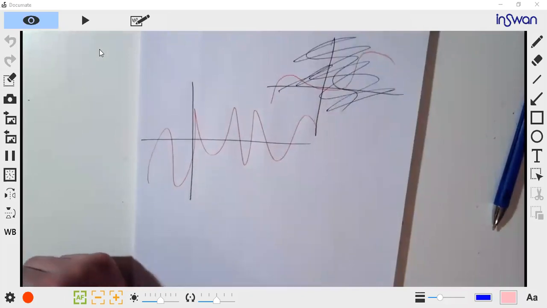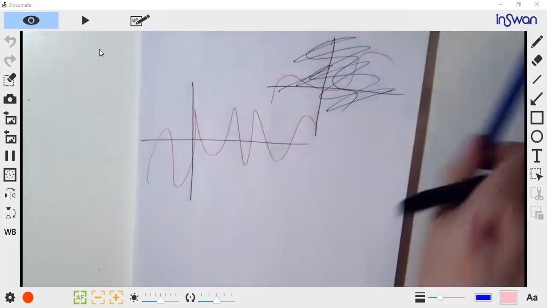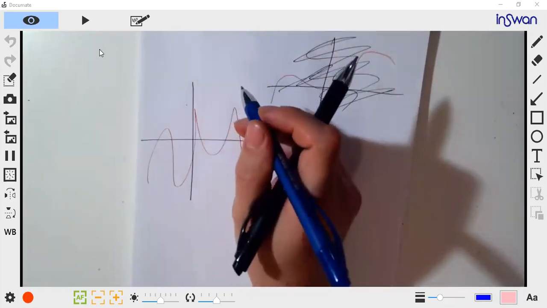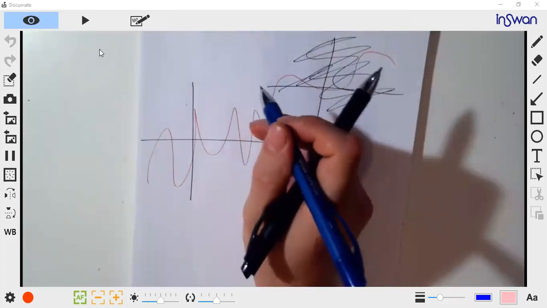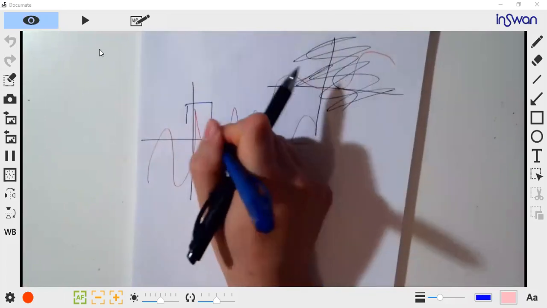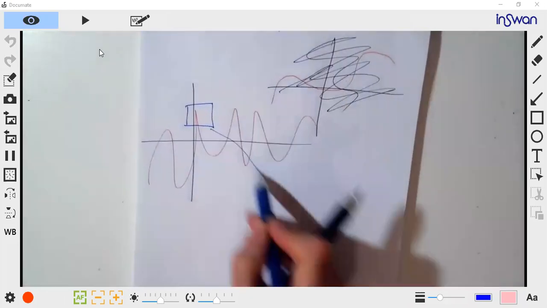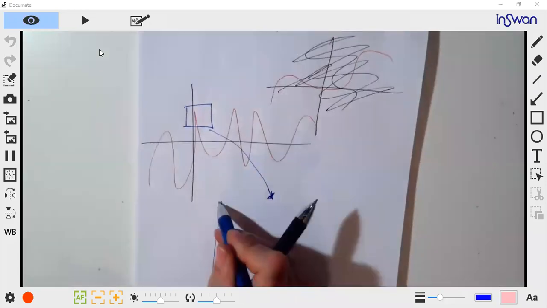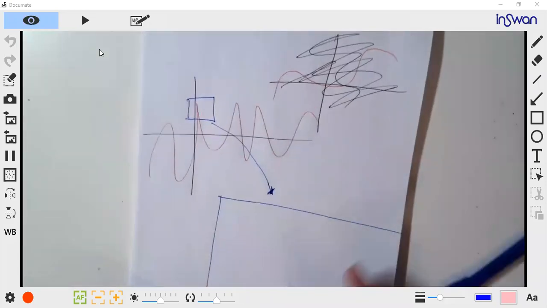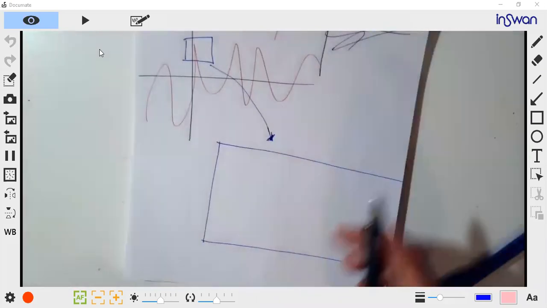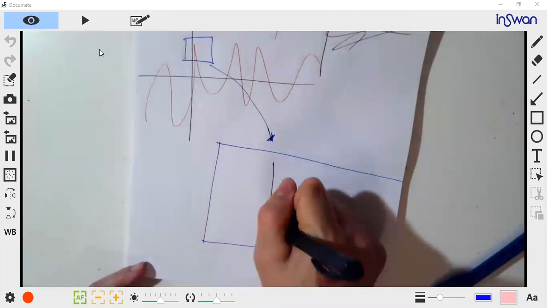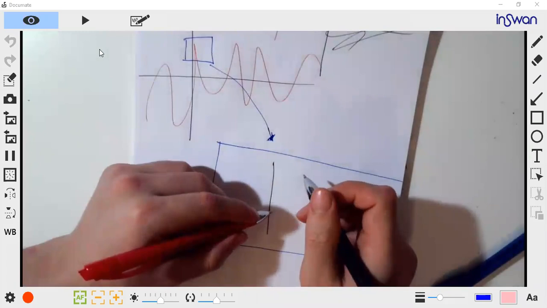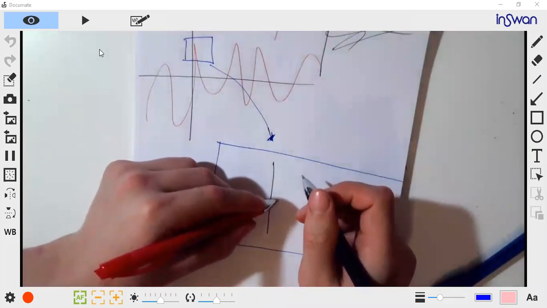Given a very crazy function like this, all right, let's create a little window right here. Let's expand that window out here. Let's zoom in. Once we zoom into that point, we have the fact that the function is actually doing this.